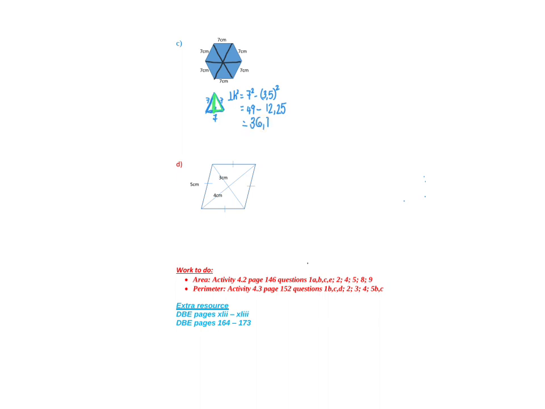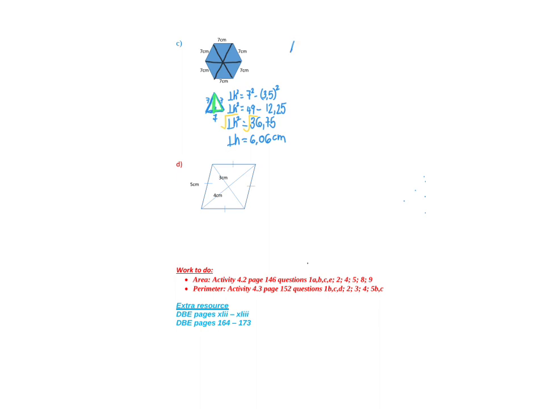And remember, we don't want the perpendicular height squared. At the end of the day, we want the perpendicular height, so we square root each side, and that gives you that the perpendicular height is equal to a rounded value of 6.06 centimeters. Okay, so now that we have the perpendicular height of each triangle, we can calculate the area of 6 triangles.